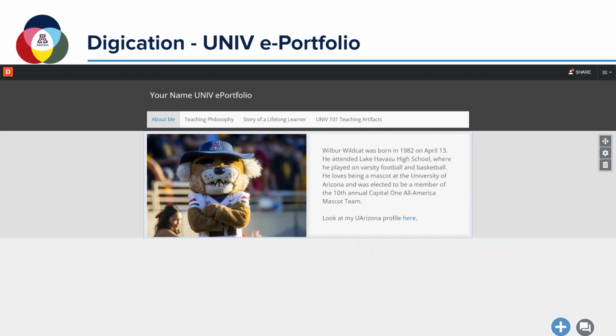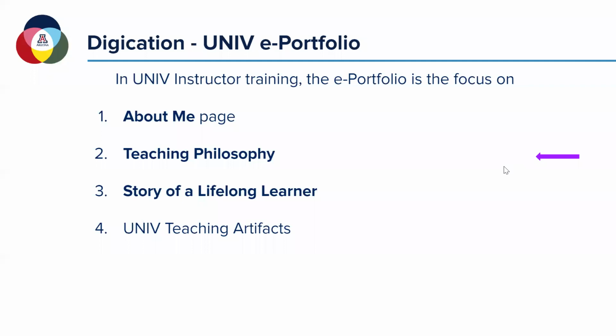So it's as simple as creating a blog if you have been blogging in your life. If not, it's just a matter of following some steps. So I just did the About Me, and it is still a little bit gray. So let's see what we can do.